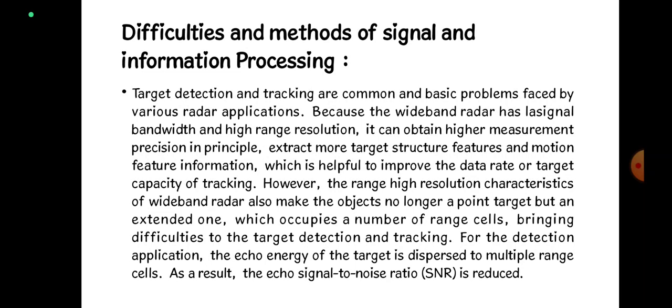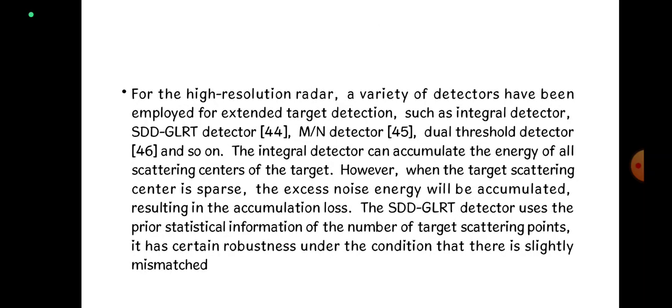For the detection application, the echo energy of the target is dispersed to multiple range cells. As a result, the echo-to-noise ratio is reduced. For high resolution radar, a variety of detectors have been employed for extended target detection, such as the integral detector. The integral detector can accumulate the energy of all scattering centers of the target.